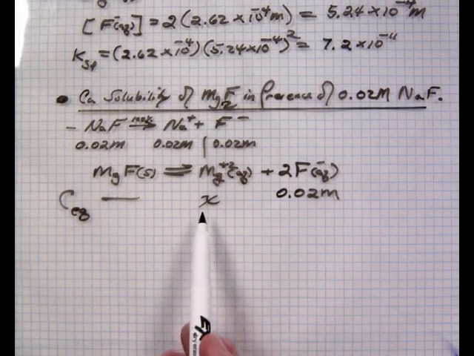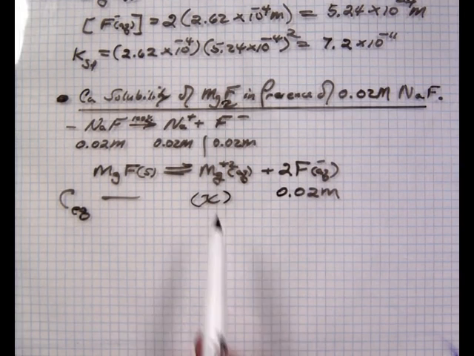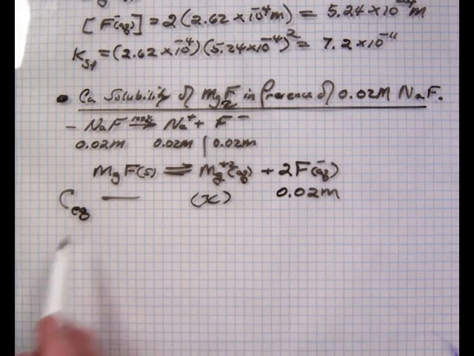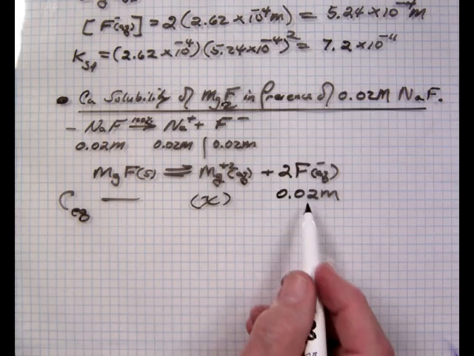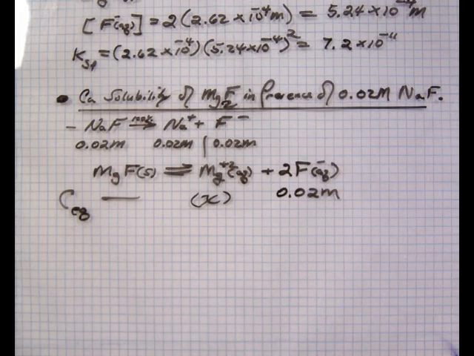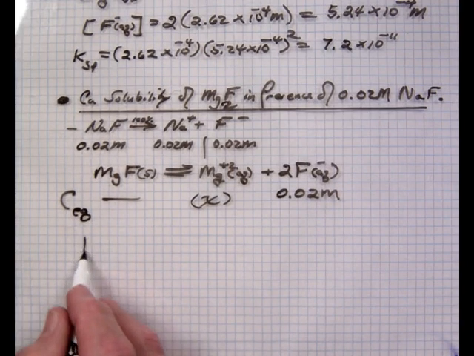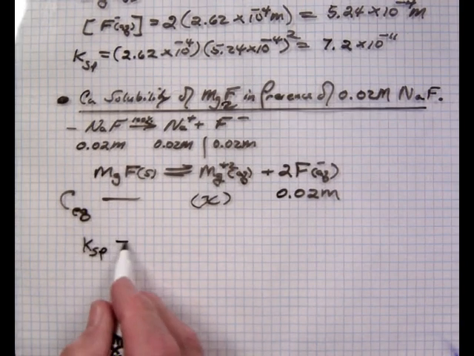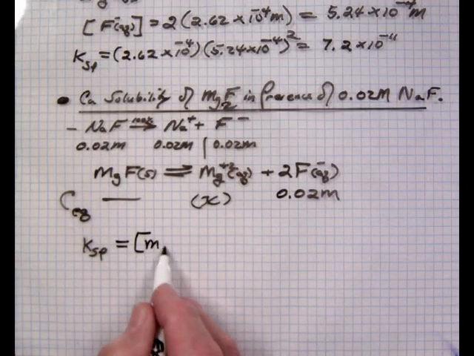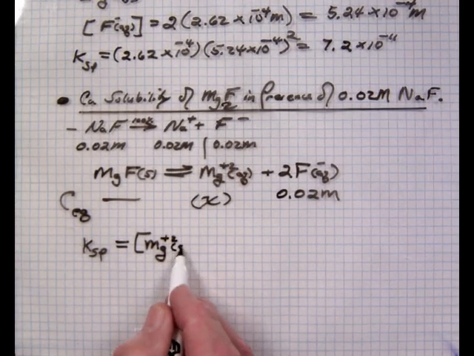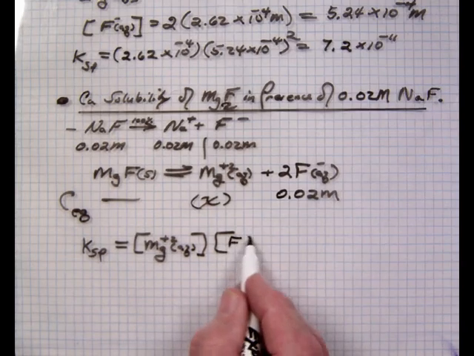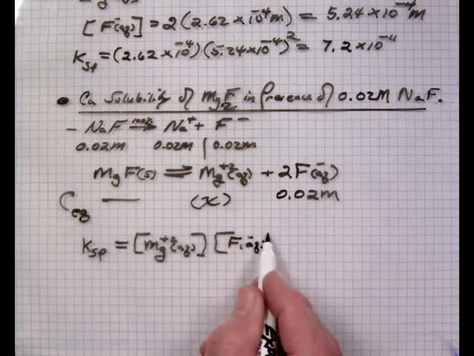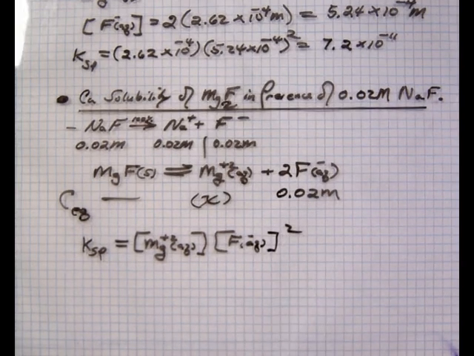So our job now is to determine what X is from the KSP expression, and that would be the solubility of the magnesium fluoride in the presence of 0.02 molar sodium fluoride. So the KSP is equal to magnesium times fluoride squared, like this.